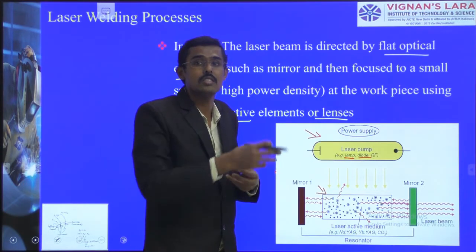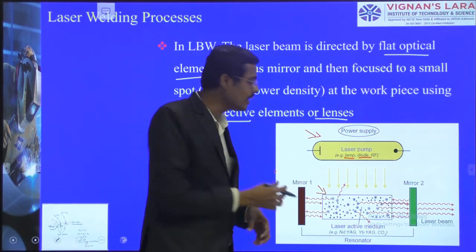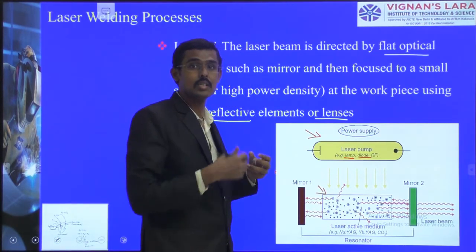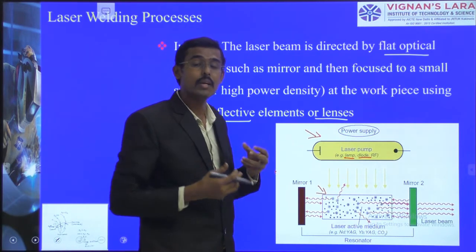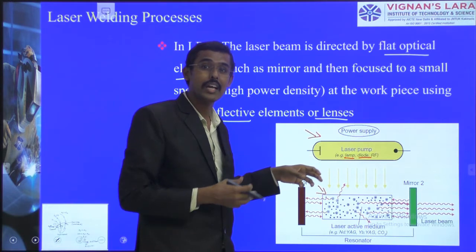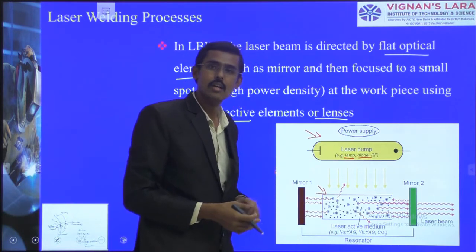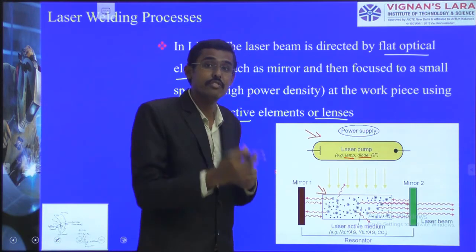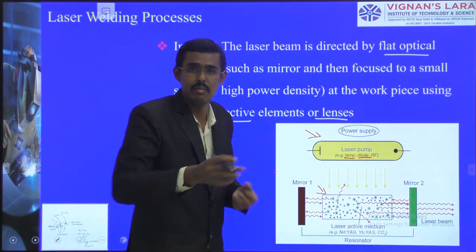We are making it unstable. The electrons are bombarding themselves inside and multiplying themselves, because unstable ones want to become stable, but we keep on supplying the lamp light. We keep on energizing the ruby crystal, or otherwise the laser active medium. If we keep on energizing, it keeps on being unstable.